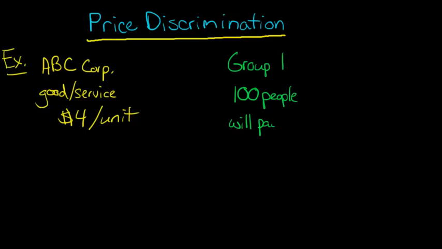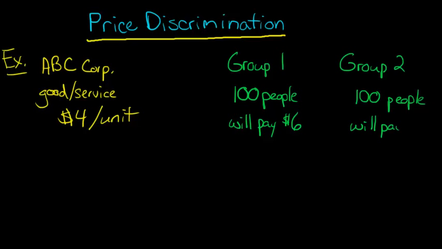Now there's this other group, group two, which also consists of 100 people. And for whatever reason, they're wealthier, they value the good more, they'll actually pay $10 a unit. So in either case, we'd be making a profit selling to these people. Group one pay $6, it costs us $4.